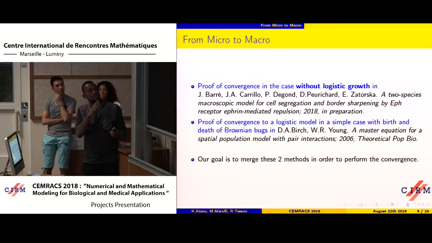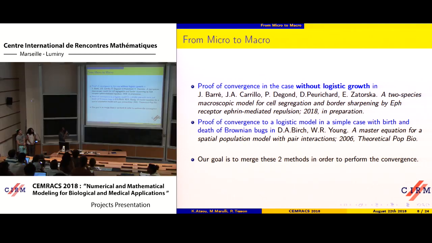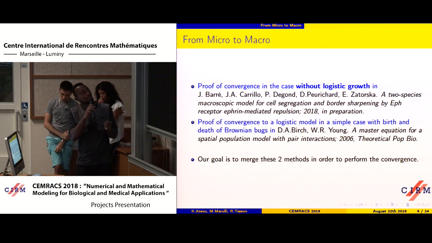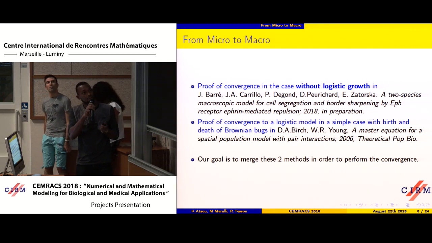So I'll present the convergence of the model from the microscopic scale to the macroscopic scale. First of all, there has been a proof of the convergence of this microscopic model to a macroscopic model. This proof has been done by Barré, Carrillo, Degond, Diane Perrichard, and Szatorska in a paper which is not yet published, in the case without logistic growth.